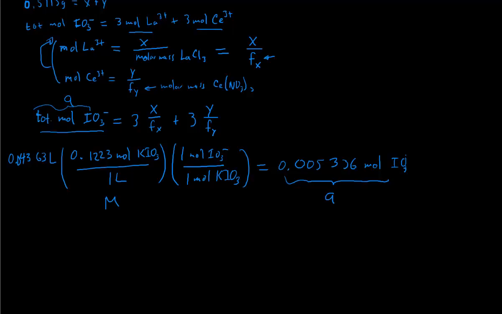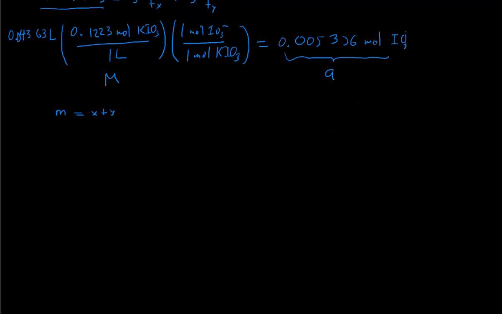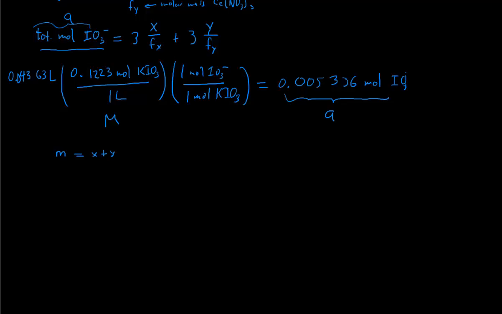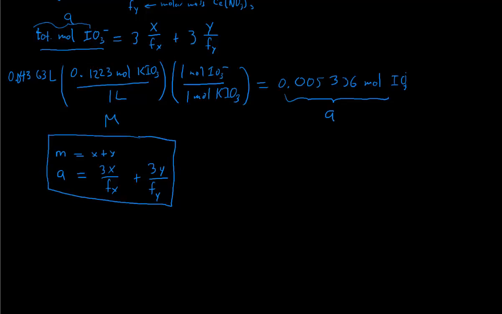So we've got one equation that is the total mass of our sample, and that equals X plus Y. And then the next equation that we have is this one from up above that says that the total moles of iodate, which we've now calculated, it's this value A, is equal to 3X over Fx plus 3Y over Fy. Right? So now what I have are two equations in two unknowns, and so this is like that problem that we've worked before, and so we need to go about solving this.